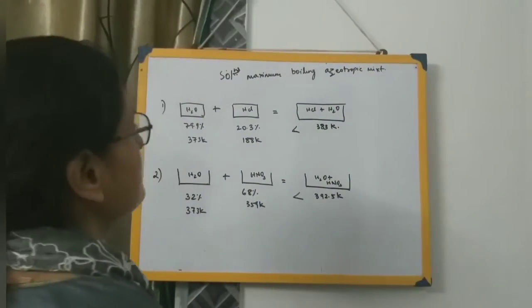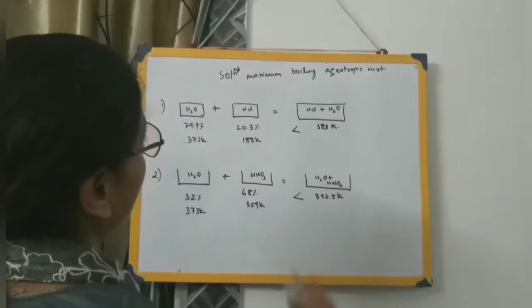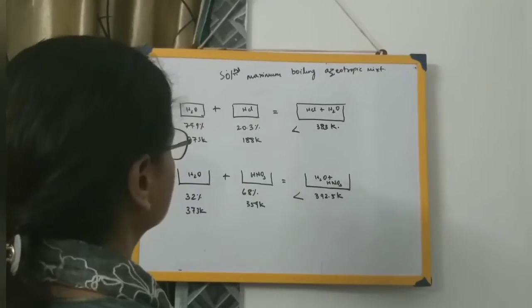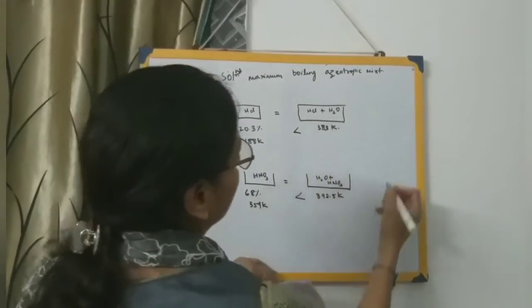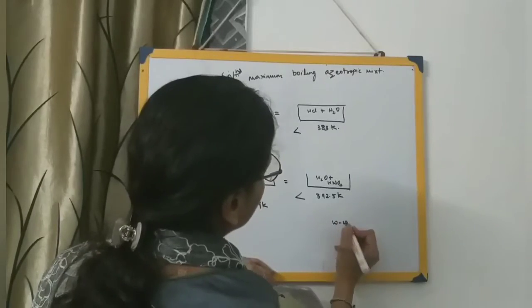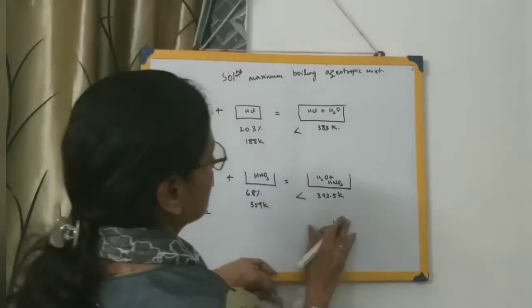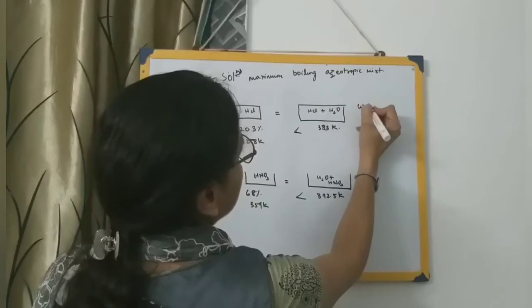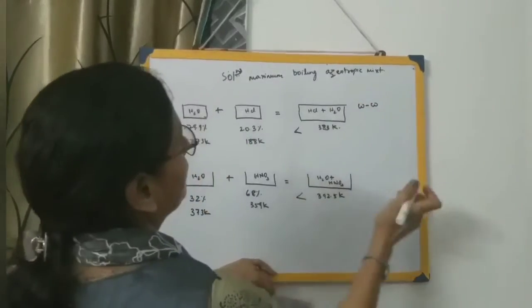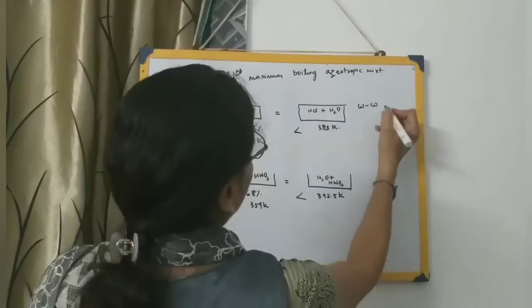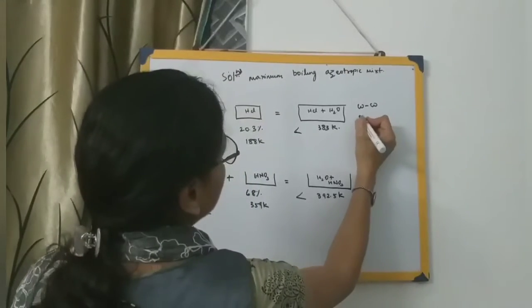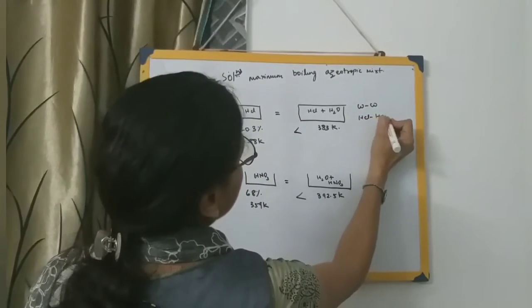Now what is the reason behind the substances forming the maximum boiling azeotropic mixture? Now look here, there is some bonding between water, and let's take this first example. There are some intermolecular interactions between water and water and some between HCl and HCl.